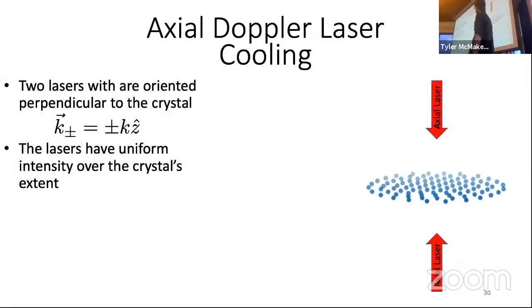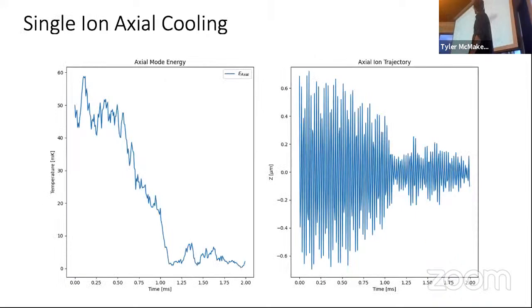So this is how it's implemented in the experiment, at least in the axial direction: I have two lasers pointing in opposite directions. And so no matter which way this ion goes, it is moving towards one of them, at least in the z direction. And if we just look at a graph of the single ion and the simulation cooling, we started out with some very large energy, so that corresponds to fluctuations in the plane.